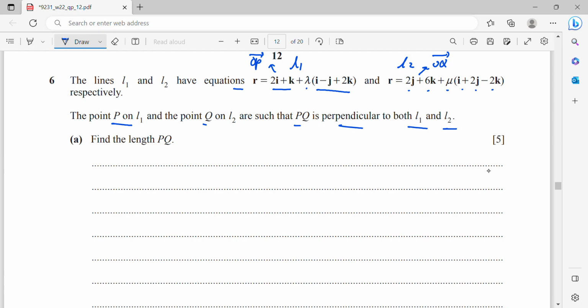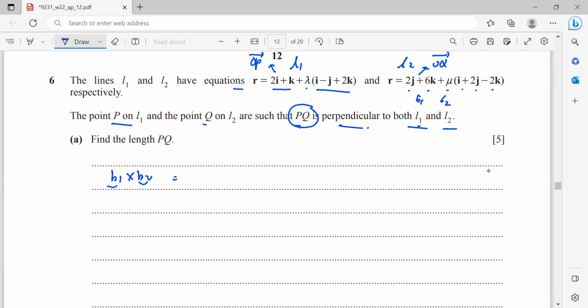When PQ is perpendicular to both L1 and L2, which means PQ is parallel to the first direction vector and the second direction vector, so now we can find the cross product.